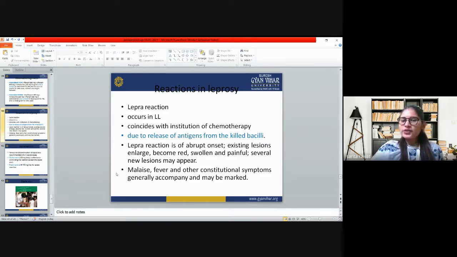Lepra reaction is of abrupt onset; existing lesions become red, swollen and painful, and several new lesions can occur. Malaise, fever and other constitutional symptoms generally accompany it and may be marked.